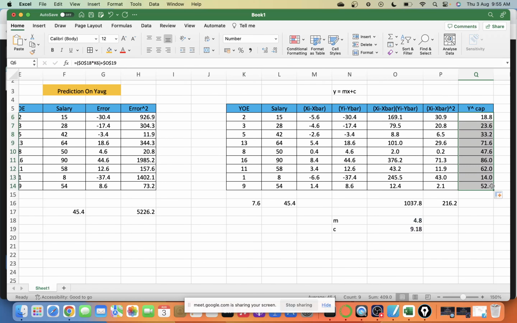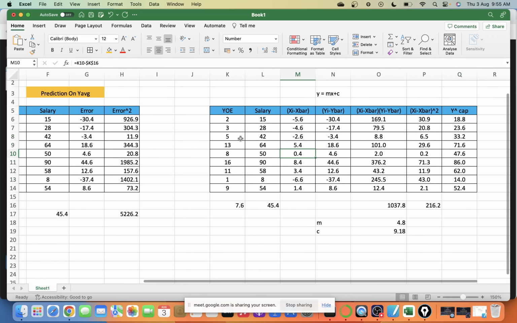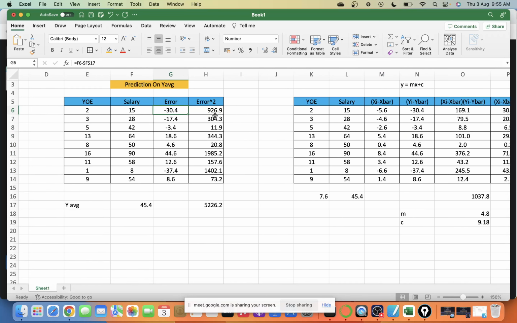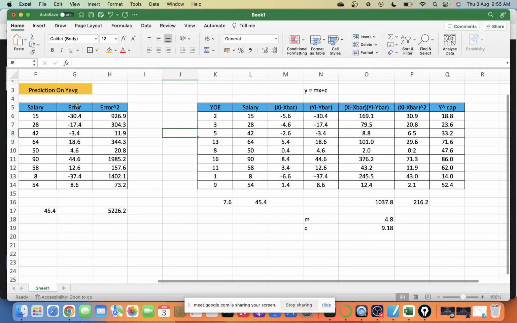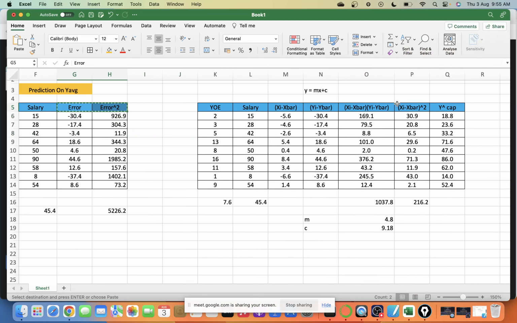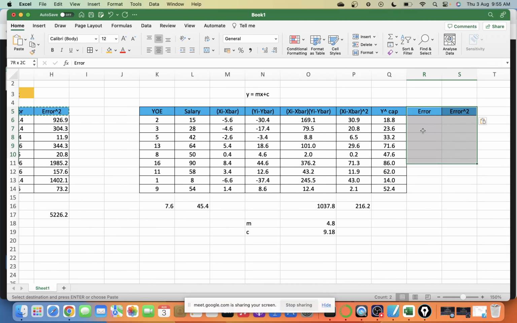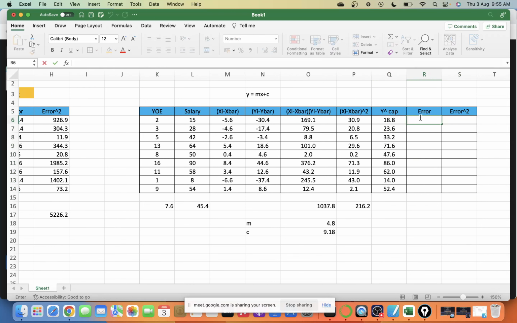So now we have this much value. Drag it down. So are we having y cap for each and every value? Now we'll find the error, and the error's square the same way we did earlier, right? So let's use control C and control V. The error is this y minus this y.